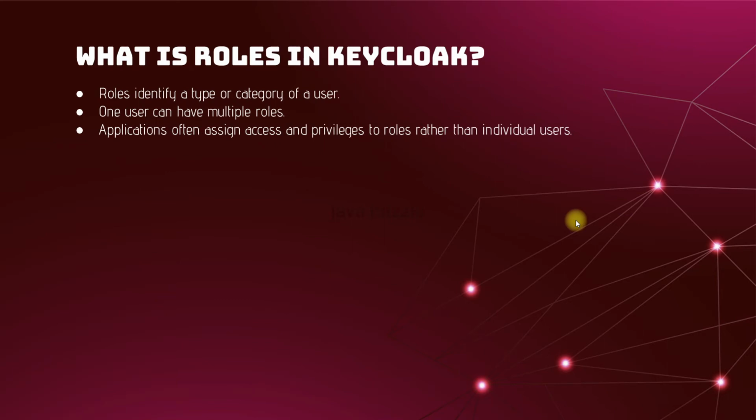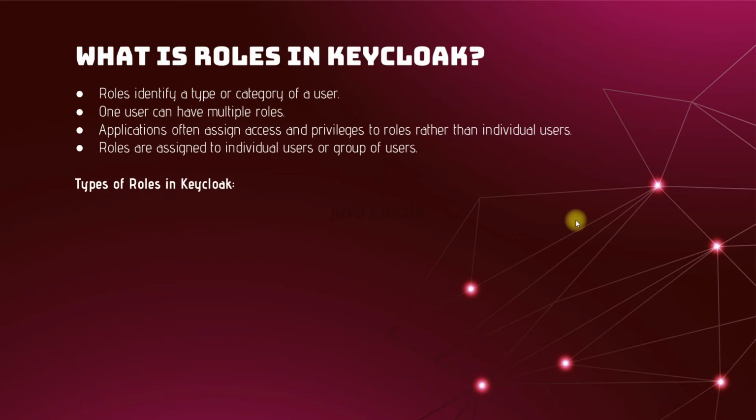Applications often assign access and privileges to roles rather than to individual users. For example, an admin can access all employee details, but an employee can see only their own details. Roles are assigned to individual users or groups of users.